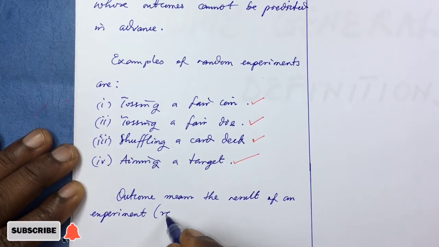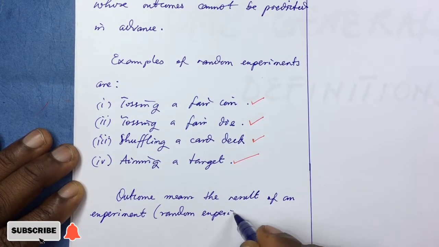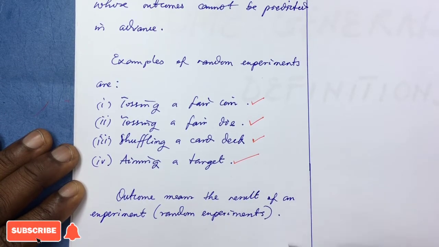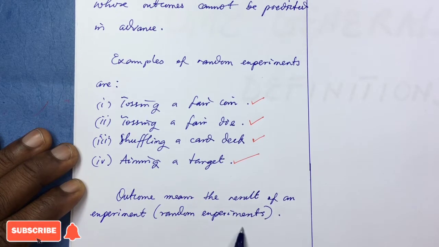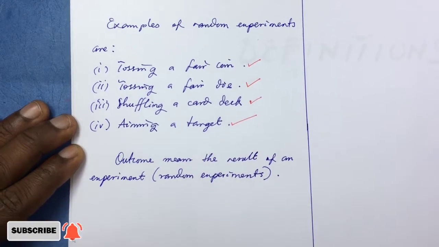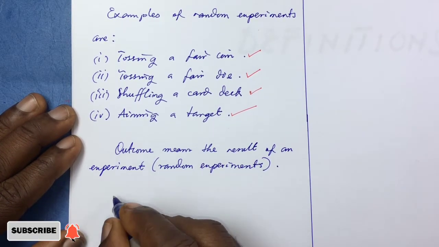So in this case, random experiment. When you hear me say outcome in this video, I'm actually referring to the result of an experiment, in this case, random experiments. Okay. So let's see. Another terminology I would like to clarify is the word fair.